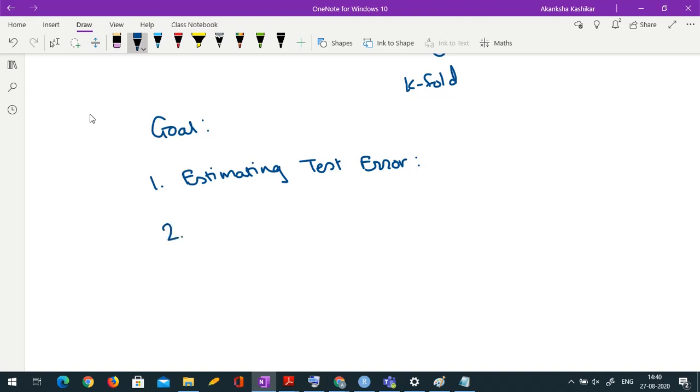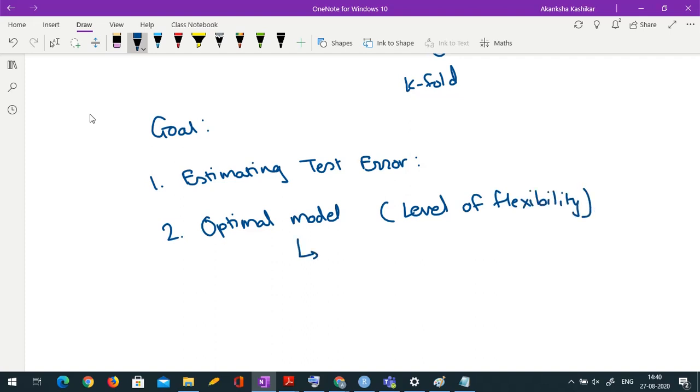Whereas most of the time what we are interested in is choosing the optimal model. Optimal model may mean choosing the optimal level of flexibility. For that we estimate test error, and we choose the model corresponding to the least estimate of test error.